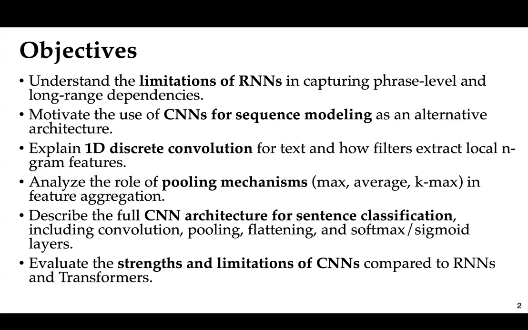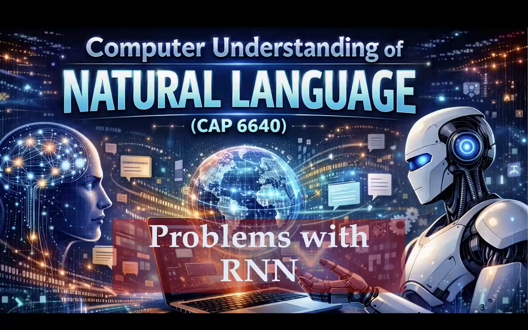Then explain some of the technical details of CNNs, like 1D discrete convolution for text, and how the filters and different parameters of operation of CNN would work in that space. Analyze the role of pooling, like max, average, and K-max in feature aggregation. Then CNN architecture for sentence classification, and then evaluate the strengths and limitations of CNNs in this space. Any questions? All good? All right.